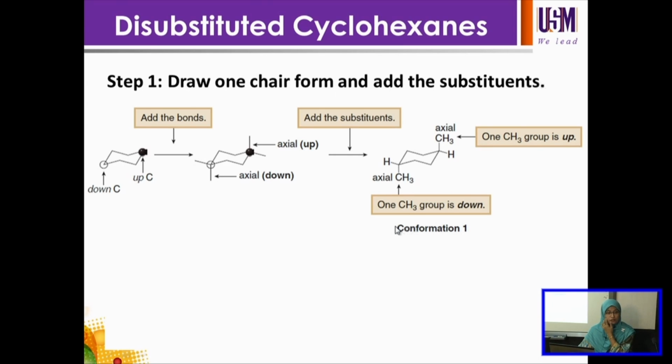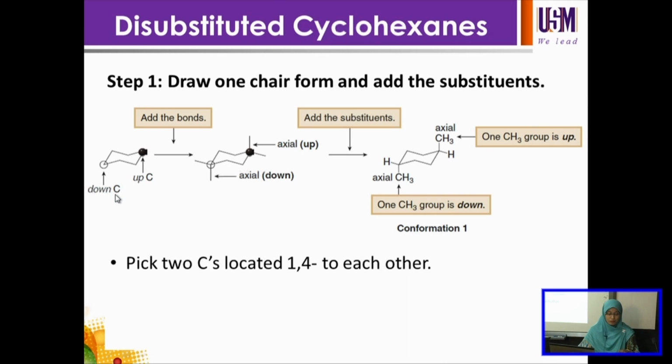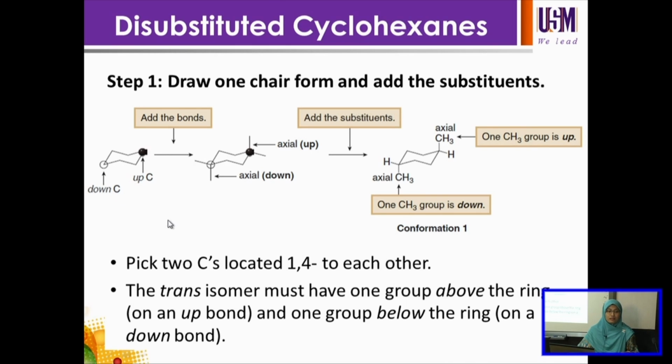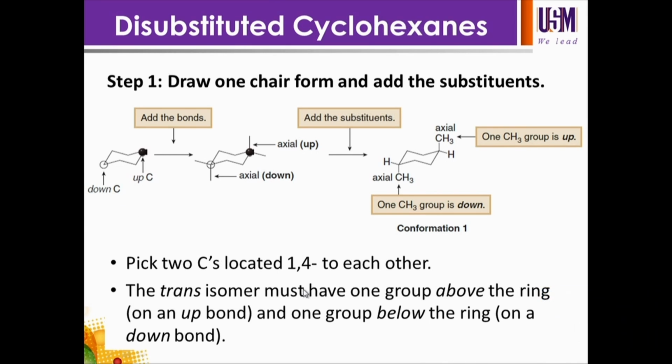To draw the chair conformation, first draw one chair form and add the substituents. Because we are talking about 1,4-dimethyl cyclohexane, pick 2 carbons located at 1,4 to each other. The trans isomer must have one group above the ring on an up bond and one group below the ring on a down bond.